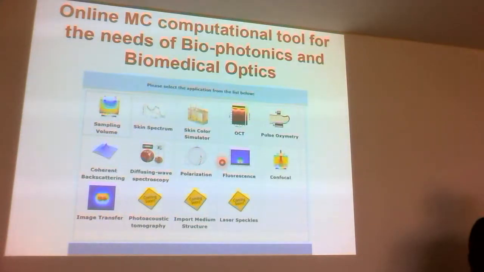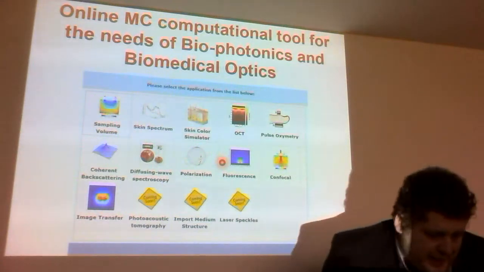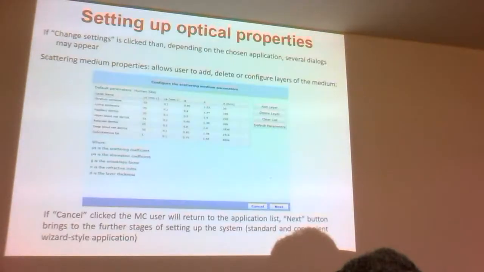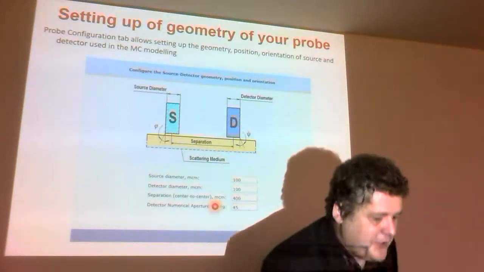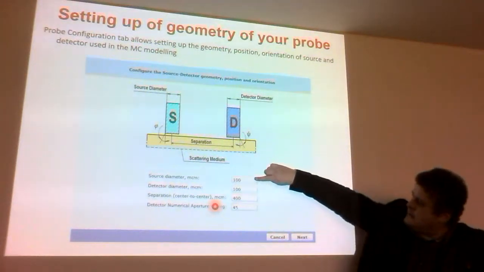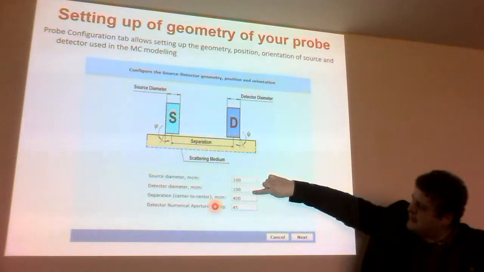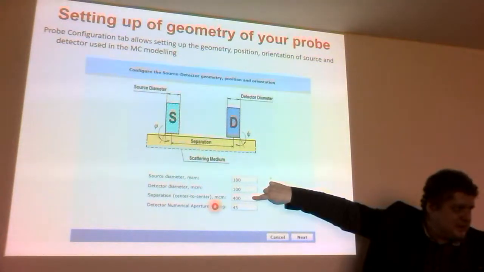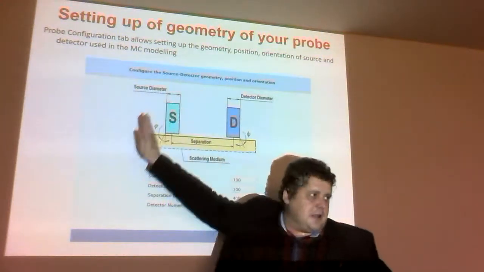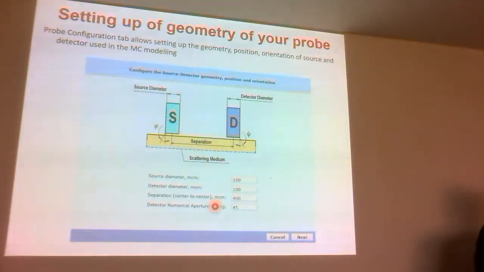No. Okay. So even here, you see. I understood that. Well, okay, let's see. So when you do this problem geometry, you can say source diameter, detector diameter, and separation between the fibers. And if your fibers have 0 separation, that means you have this formula. So you can go back to your unique model. Okay, that's nice.